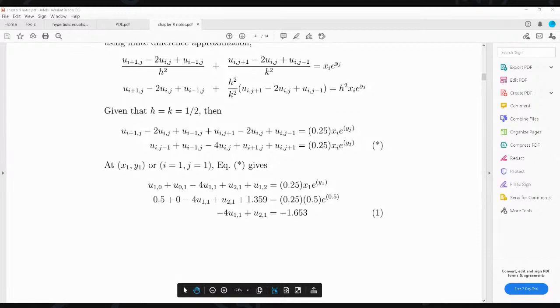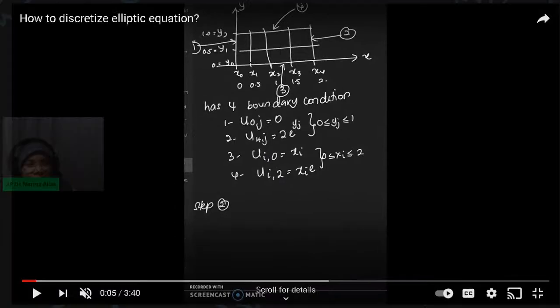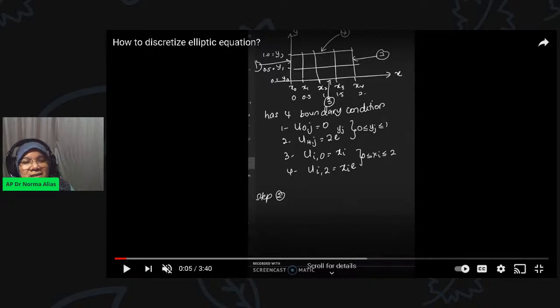Now, I want to share with you how to discretize. My focus here is to share my screen and show how we do it one by one, how to discretize the elliptic equation. Don't worry, this is not new for you. This is just an extension, because before this we were using one parameter.